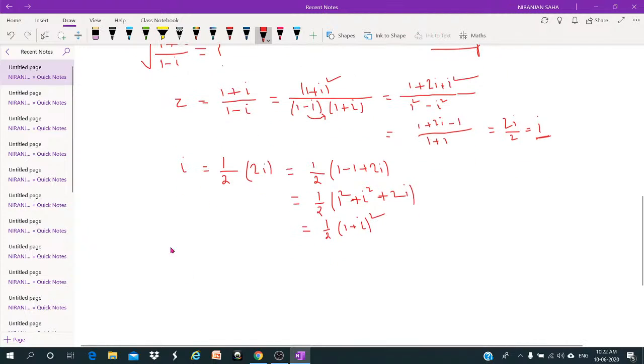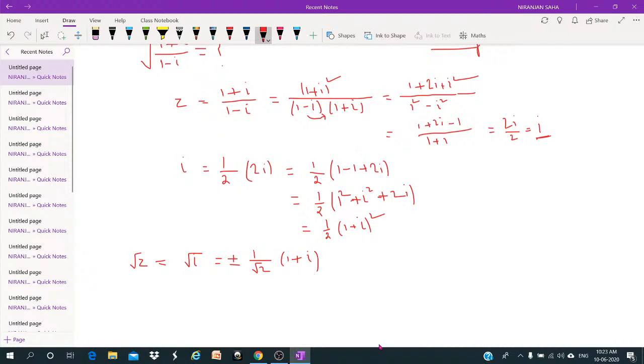So the root of z, which we have to find, is plus minus 1 by root 2 into 1 plus iota. This is a simple way to find the square root.